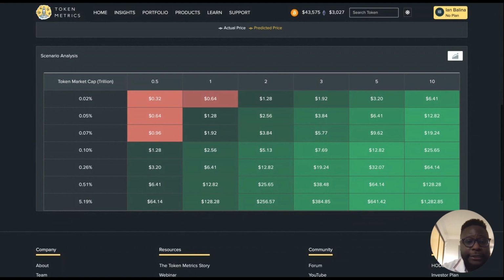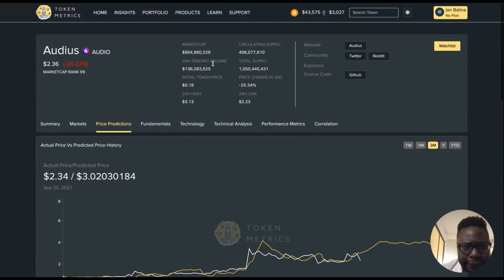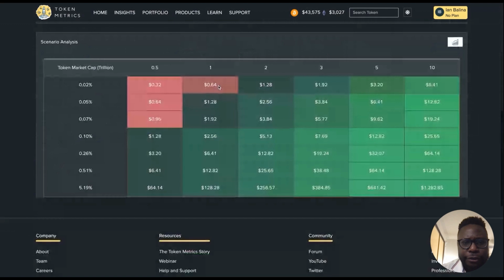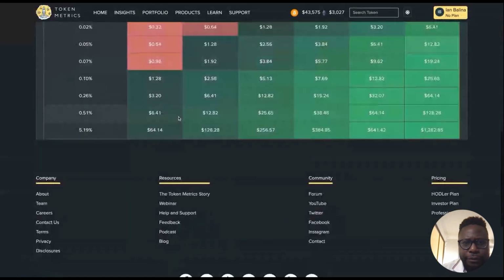All right. So looking at this, currently Audius is at almost a $1 billion market cap. This is the total market cap for all of crypto. Currently, it's at 2 trillion, and Audius is at 236 million.